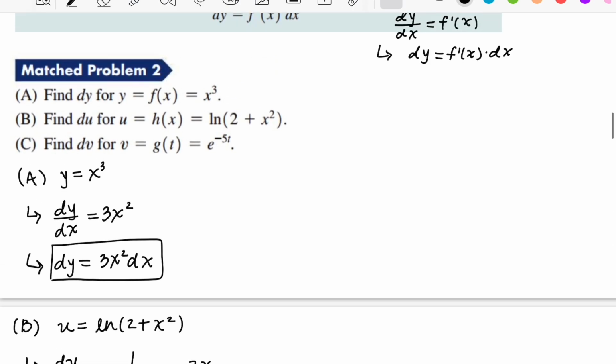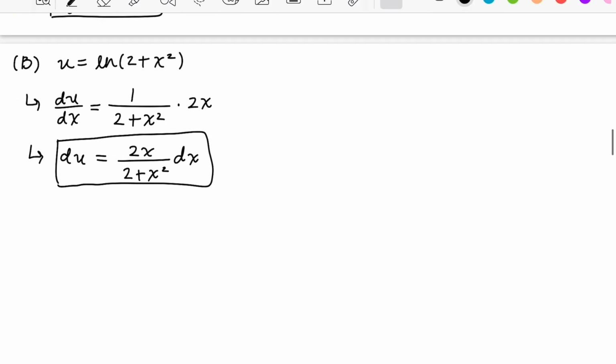And lastly, we have the function v here is equal to e to the negative 5t, and we want to find dv. So we're going to take the derivative of v with respect to t here. We're again going to use the chain rule, so it's going to be the derivative of this evaluated at our inside function.